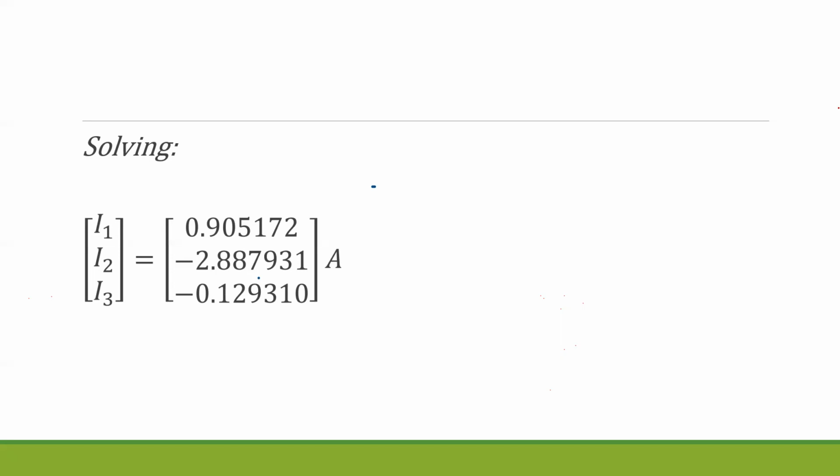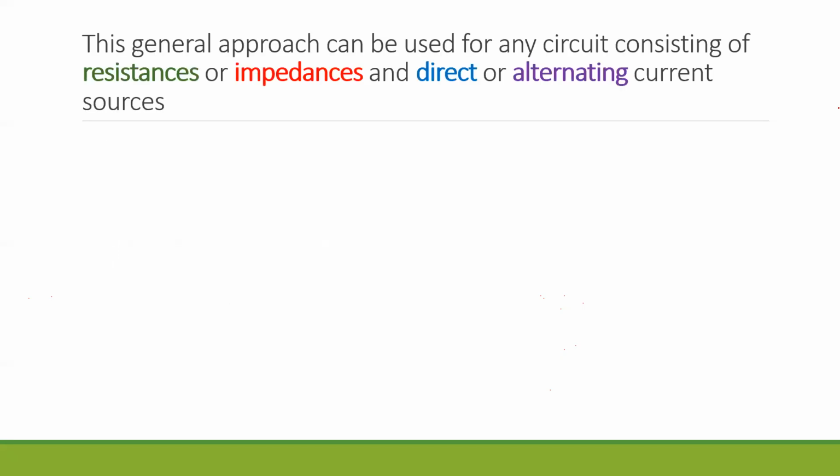Simply put, if we apply this general principle to all circuits, whether we are looking at resistances or impedances, and of course, when we speak of impedances, we're talking about circuits containing reactive components.